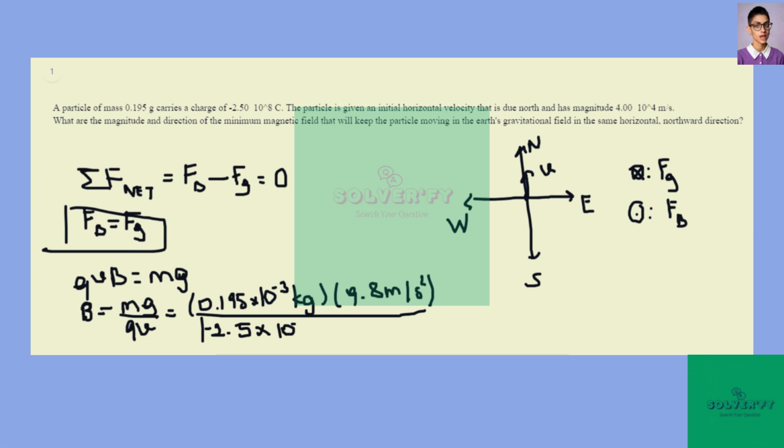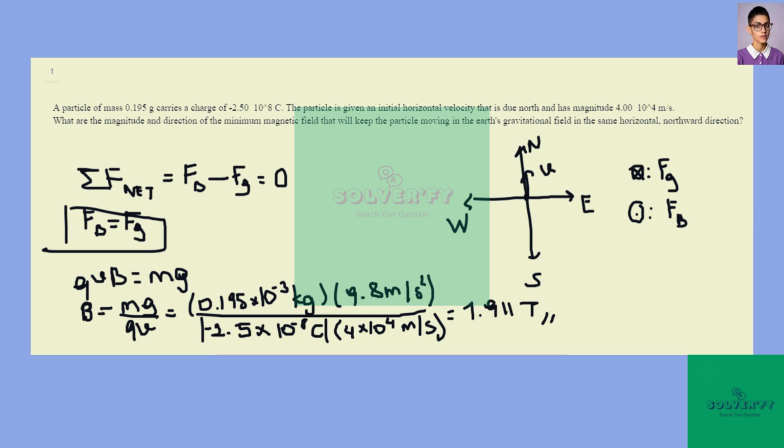My apologies, it's -8, coulombs. Times the velocity, the magnitude of the velocity vector, which is 4 times 10 to the power of 4 meters per second. So if we do this calculation, we're going to find the magnitude of the magnetic field, B, to be 1.911 Teslas, right?